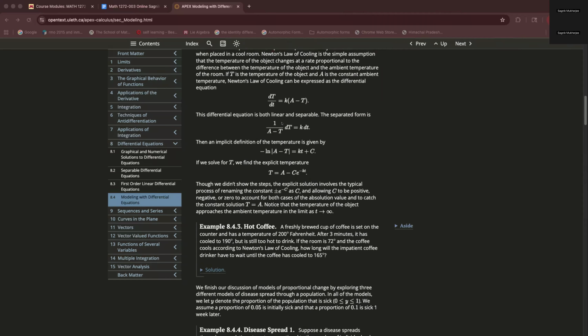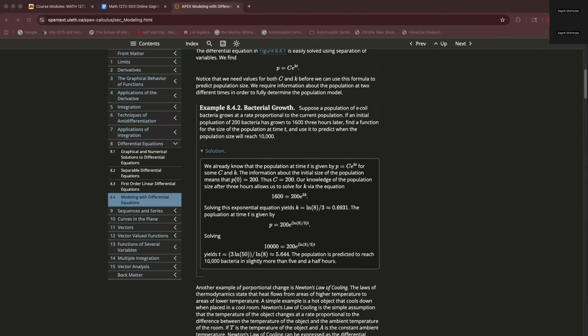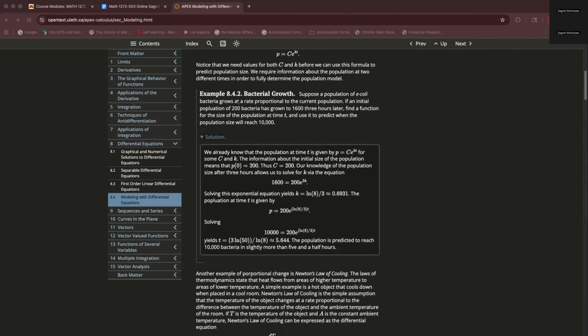So first of all, let's look at the bacteria growth problem, right? So look at this problem, for example. A population of bacteria is growing at a rate proportional to the current population. Initial population is 200 and it grows to 1600 3 hours later.